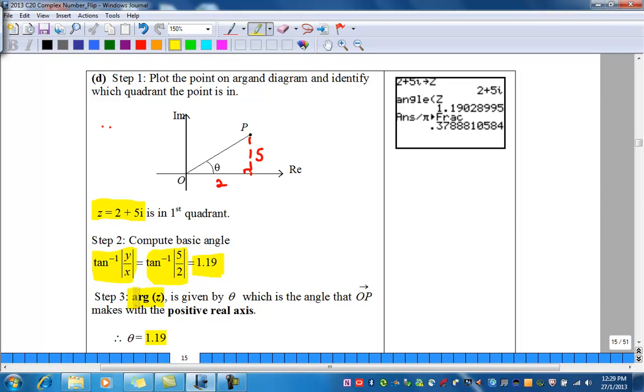Therefore, the argument of z, which is the angle that OP makes with the positive real axis, will be this angle theta, which is 1.19.